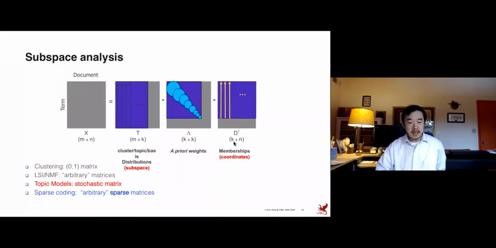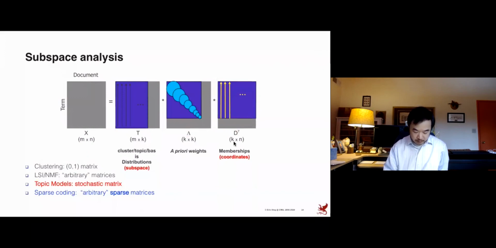It turns out that they can all be unified under the concept of subspace analysis. And the only differences between all these techniques are the numerical conditions or characteristics of this T matrix, lambda matrix, and also the D matrix.